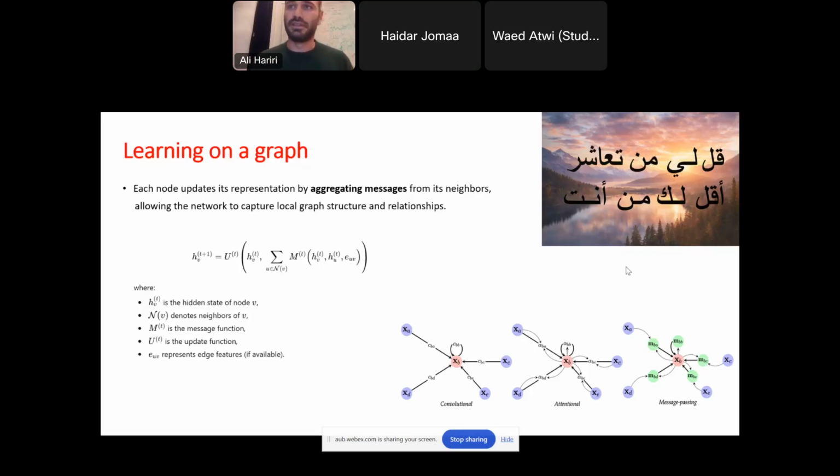Now I have a new representation of the node. Now I have accounted for my surroundings, but in an equal fashion. And when I say equal, this is important, because the way you define the message function m in this equation is what defines the type of graph neural networks we are dealing with.